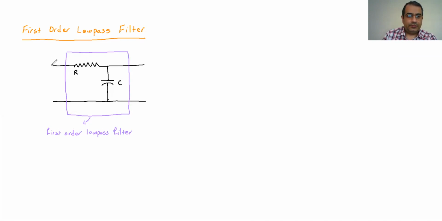So if these two are the input for that filter, and these two are the output for that filter, and assume I connect any signal to that, the input signal, it can be any signal. I connect this input signal to that filter, then whatever signal I'm going to get out of here is going to be the output signal.